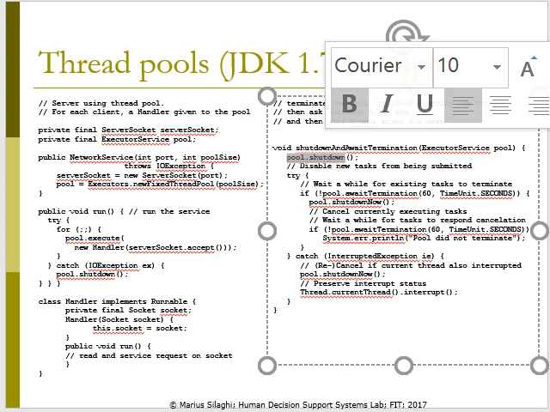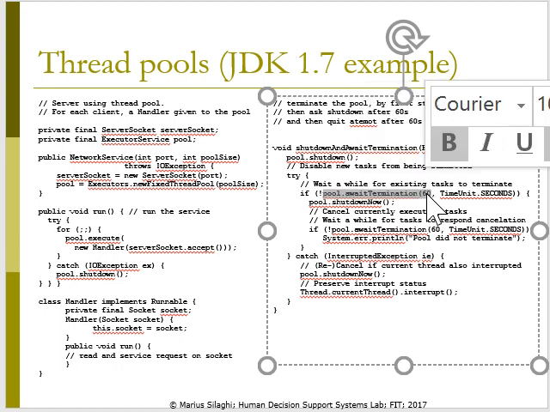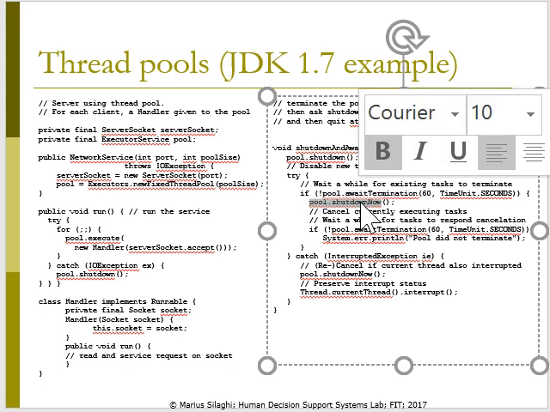And now if you want to also terminate threads that are currently executing, then the mechanism is based on await termination, which can give them a certain timeout, like here, 60 seconds, after which they can be requested to shut down now.